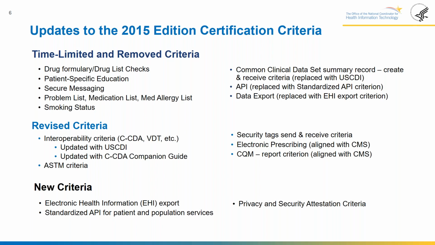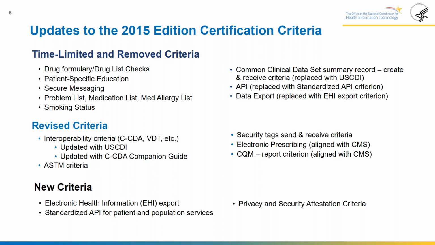And then there are other criteria that are being removed entirely. As you can see on this slide, that includes things like problem list, medication list, med allergy list, and smoking status. These are generally being removed entirely because we've seen that they typically already exist within technology to such an extent and are so prevalent that it doesn't make sense to have just one version tested when there are various versions already working well for providers and already included in technology that they're purchasing.